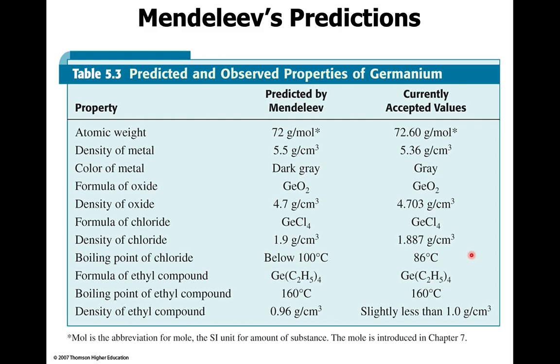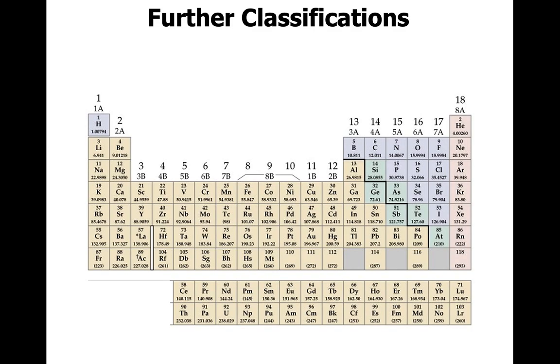He also predicted the structure of the ethyl compound, its boiling point, and roughly estimated its density. It was a brave move to leave a couple of holes like this in his periodic table that were later filled when we discovered those elements.